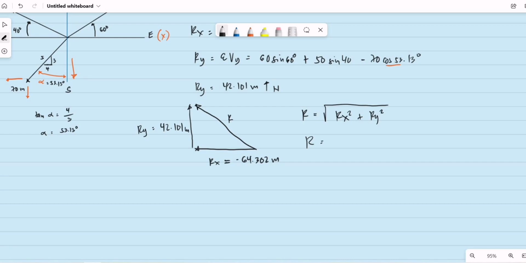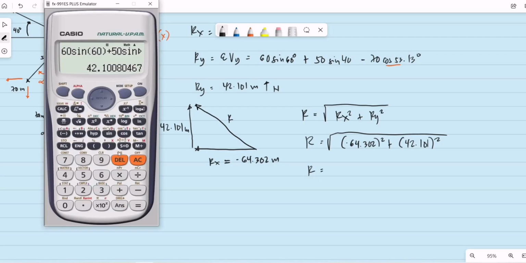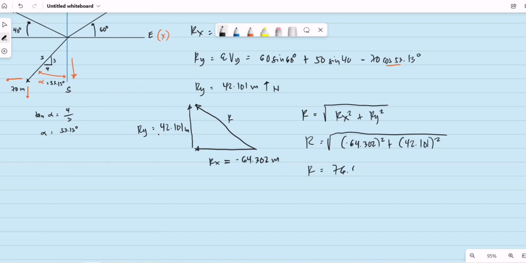So we have the resultant equal to the square root of negative 64.302 squared plus 42.101 squared. So we can have it as 76.859 meters.